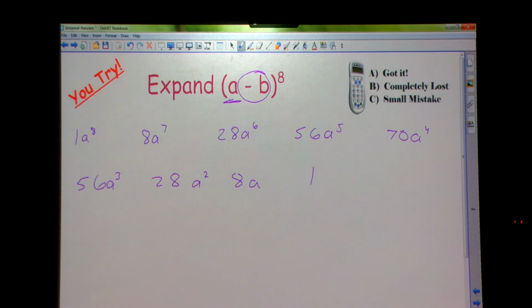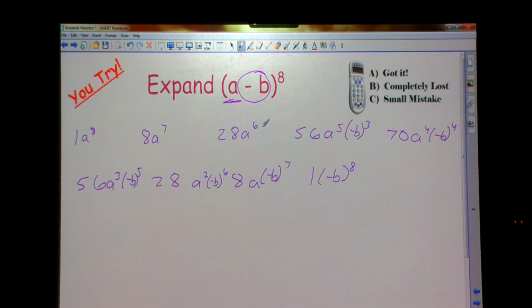Now this is negative b, so I have negative b to the 8th, negative b to the 7th, negative b to the 6th, negative b to the 5th, negative b to the 4th, negative b cubed, negative b squared, negative b. Now of course pluses between all of them. And notice when you have one negative, one positive, the signs kind of alternate. That can also help you check.